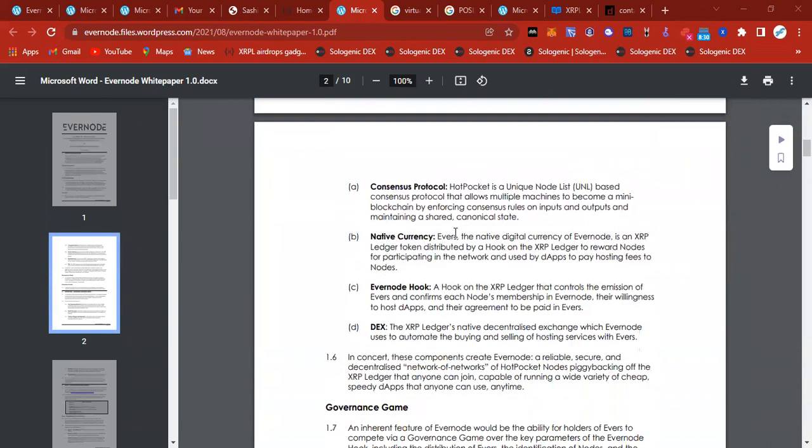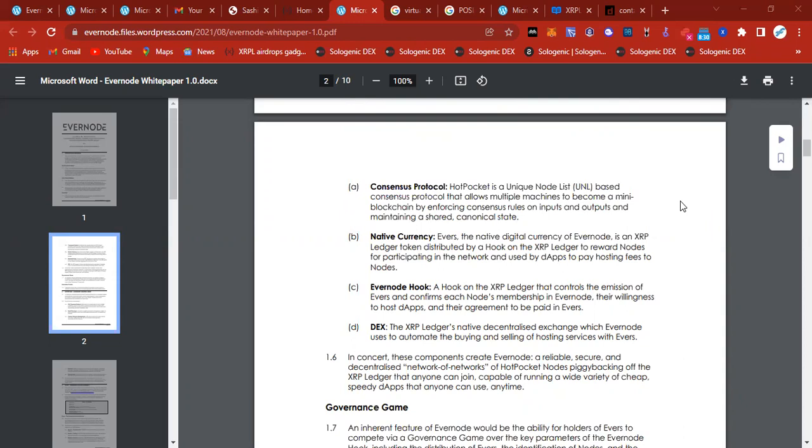Right here, we have the consensus protocol. It runs on a UNL, which is a unique node list. It's a base consensus that allows multiple machines to become a mini blockchain by enforcing consensus rules for inputs and outputs and maintaining a shared canonical state.